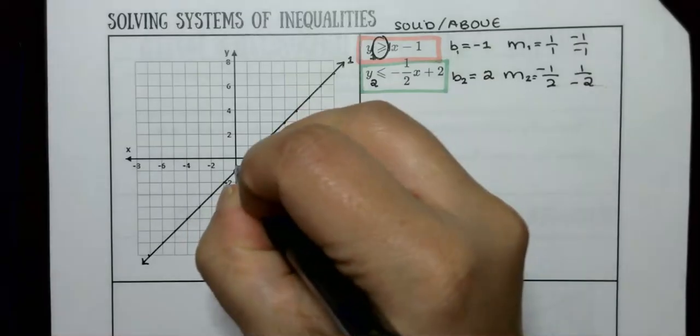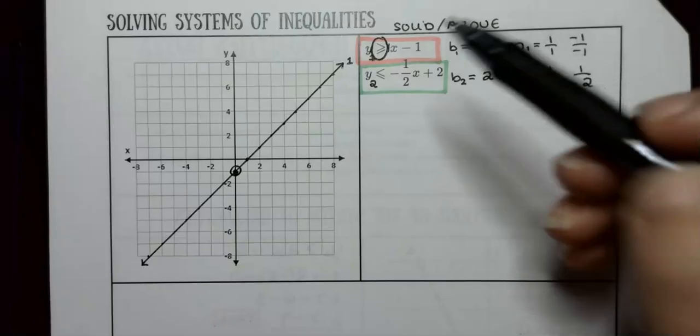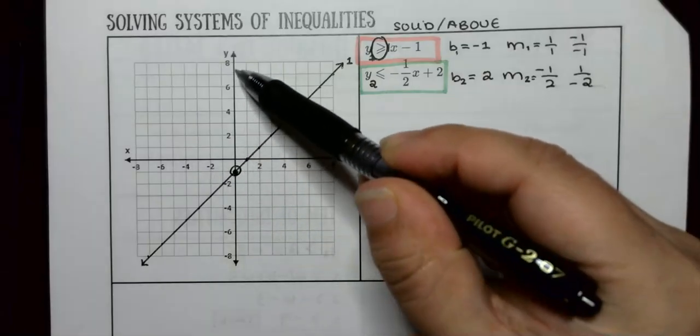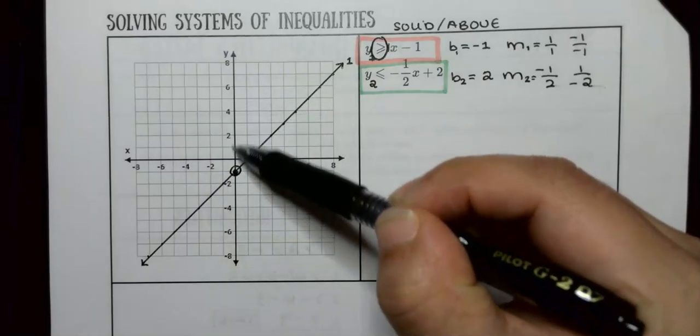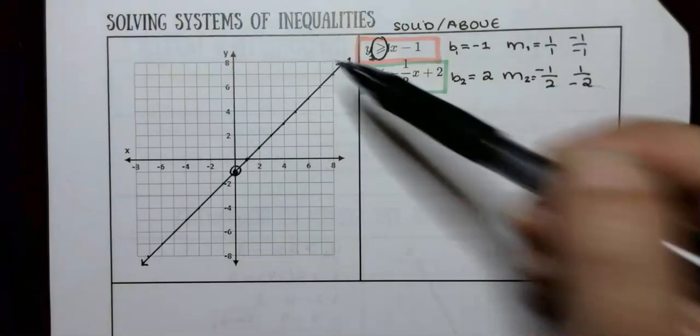So you want to go back to your y-intercept and look at your y-axis. Where are the numbers above or greater than -1? So everything above -1 is right here. And notice that this is on this side of the equation. Okay.